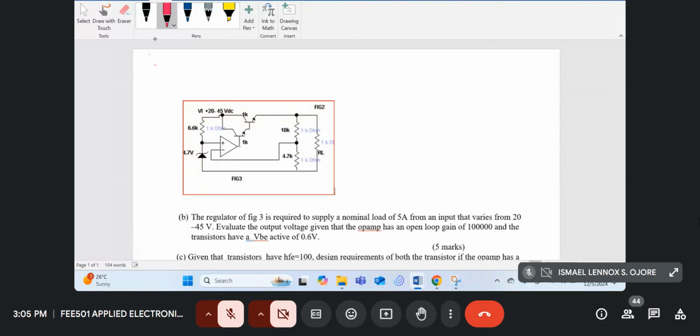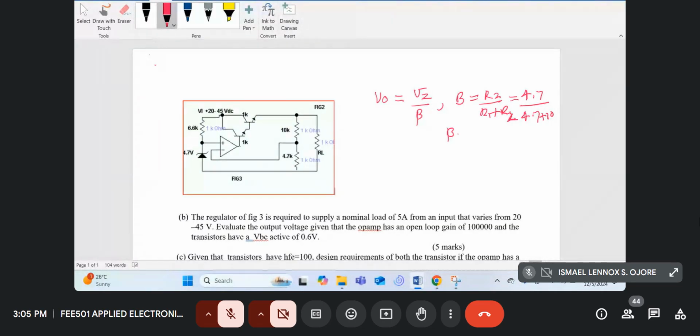So for this circuit, V0 we found was equal to Vz divided by beta, where beta in general is R2 over R1 plus R2. That is equal to 4.7K over 4.7K plus 10K.